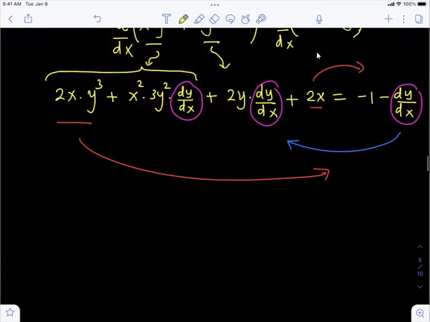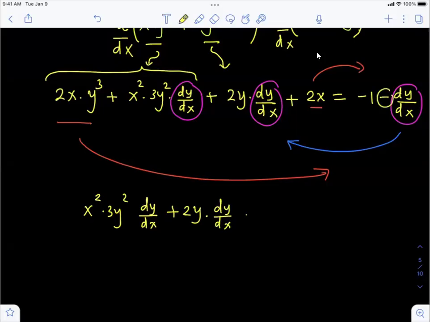Here, I do have this one in the left already, this one in the left. Additionally, I will get this piece. So let me gather all of them. X square, 3y square, dy dx plus 2y dy dx, and minus here, when you move to the left, it becomes plus.